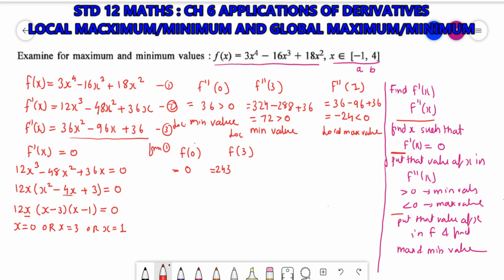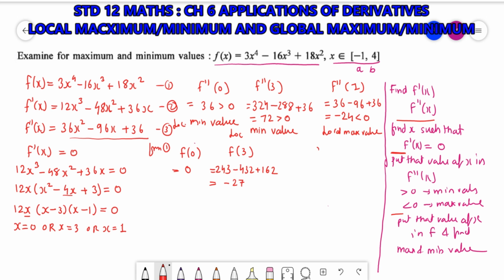Now minus 16 into 3 cube, 3 cube is 27, so 16 into 27 is 432, plus 18 into 3 square, that is 18 into 9, which is 162. So 243 minus 432 plus 162 will be equal to minus 27.